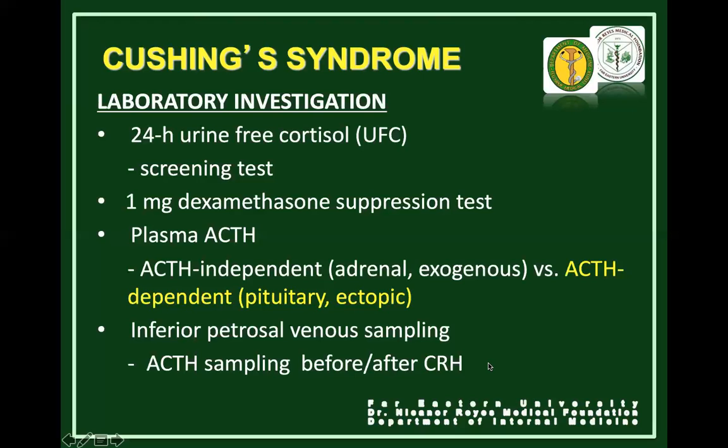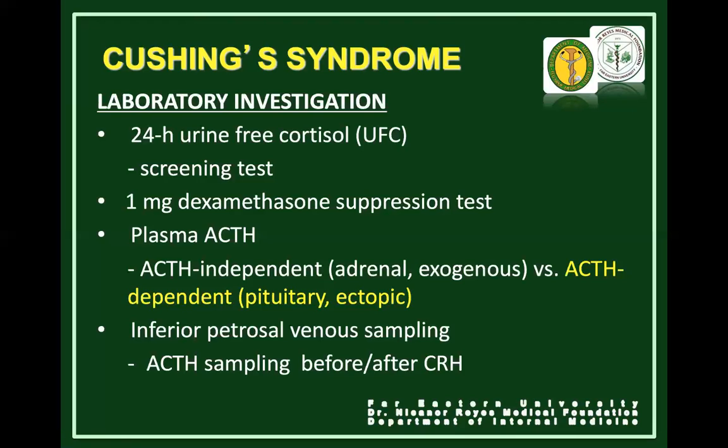So what happens is that if you cannulate near the pituitary and one from the periphery, there should be a gradient wherein there is an increase in ACTH or cortisol at the level of your pituitary rather than in your periphery.